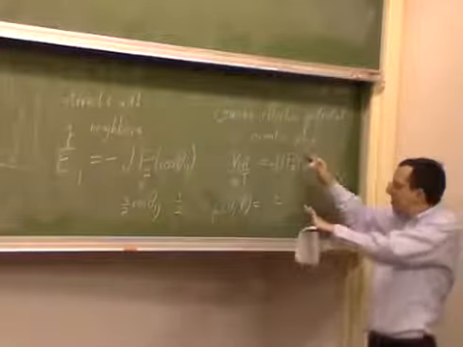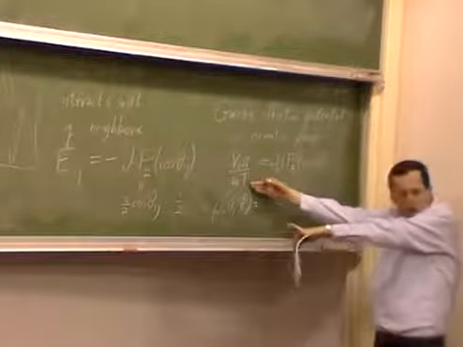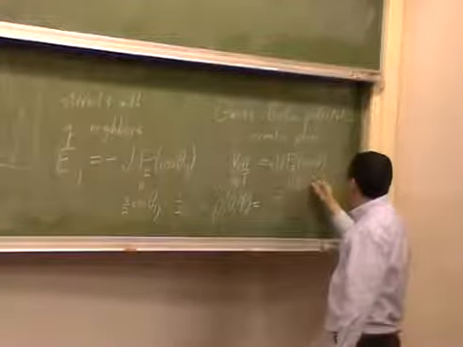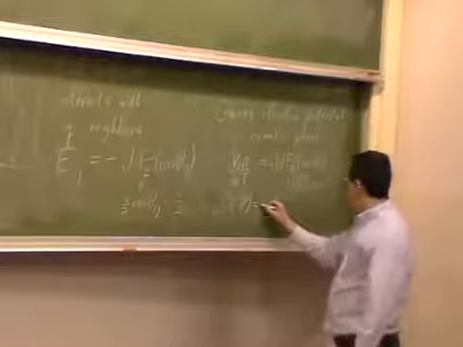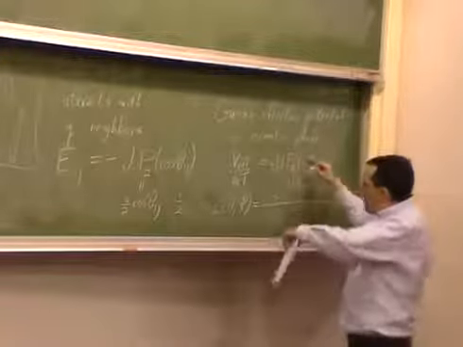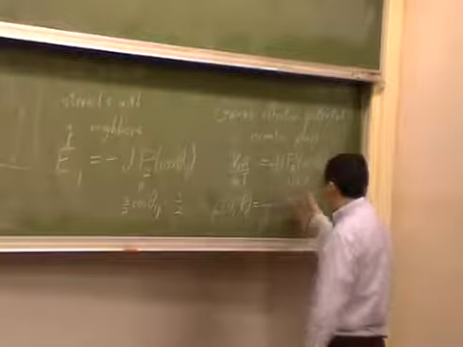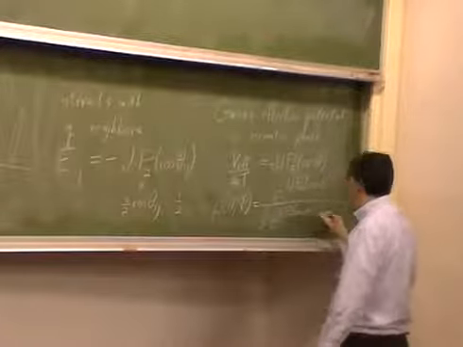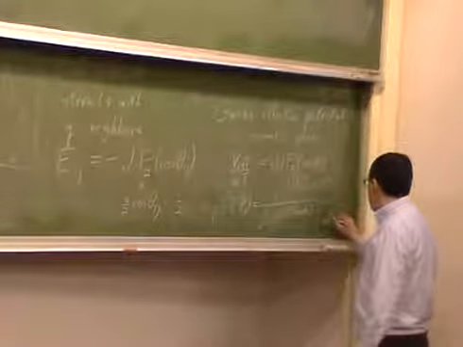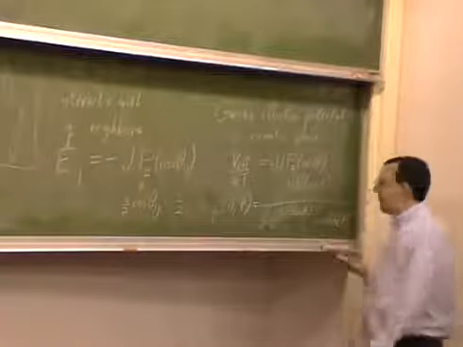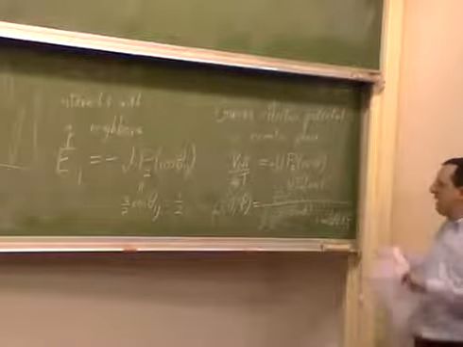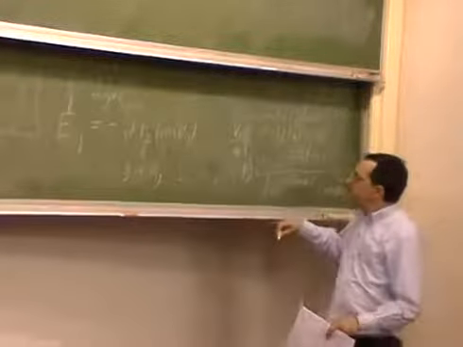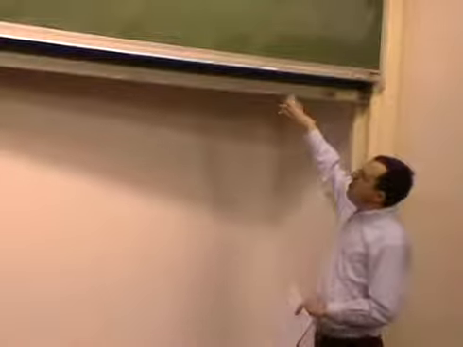The exponential of the effective potential over kT. So e to the U times P2 of cosine theta divided by the normalization, the integral of e to the U P2 of cosine theta, sine theta d theta d phi, all like that.